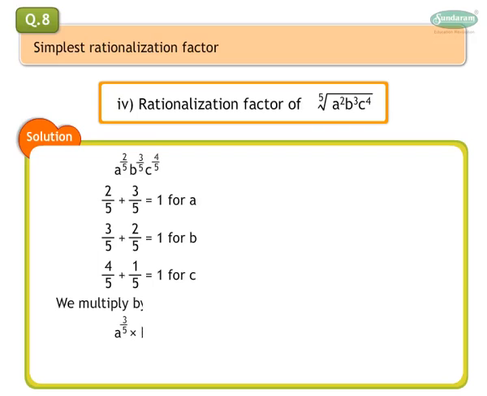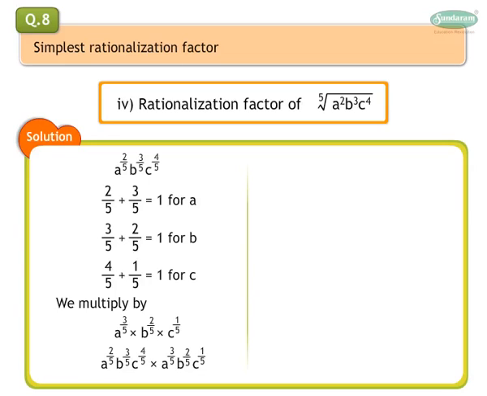We multiply a raised to 3 upon 5 into b raised to 2 upon 5 into c raised to 1 upon 5. Hence, a raised to 2 upon 5, b raised to 3 upon 5, c raised to 4 upon 5 multiplied by a raised to 3 upon 5, b raised to 2 upon 5, c raised to 1 upon 5.